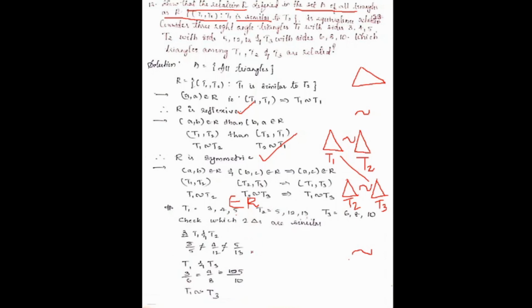They are not at all equal to each other, so the sides are not proportional, so T1 is not similar to T2. We'll check for T1 and T3: 3 by 6 is 1 by 2, 4 by 8 is 1 by 2, 5 by 10 is 1 by 2. So the sides are proportional, so T1 is similar to T3. That's all.